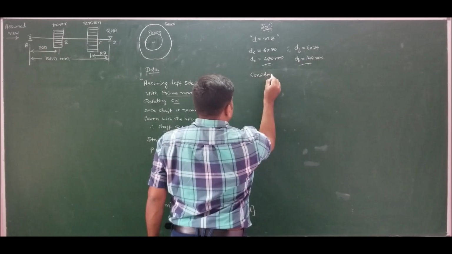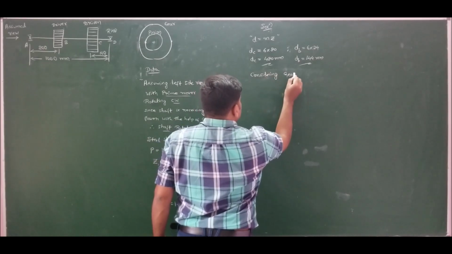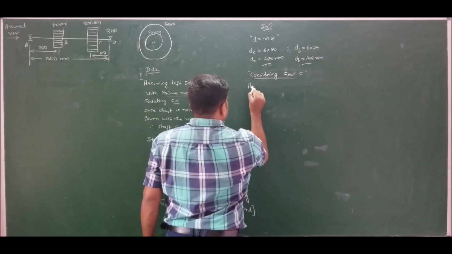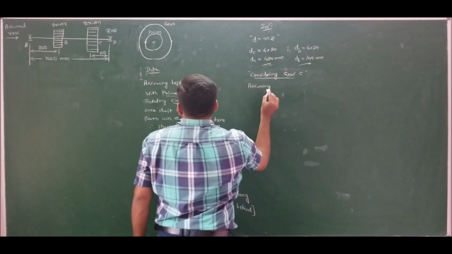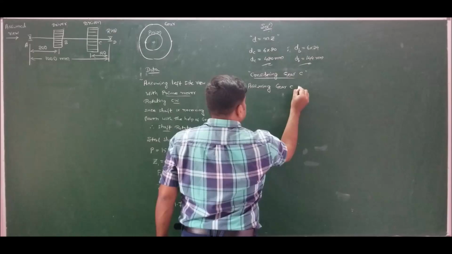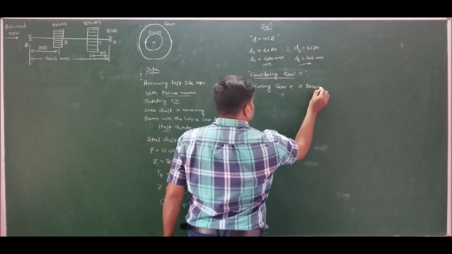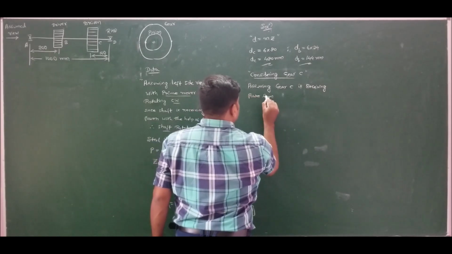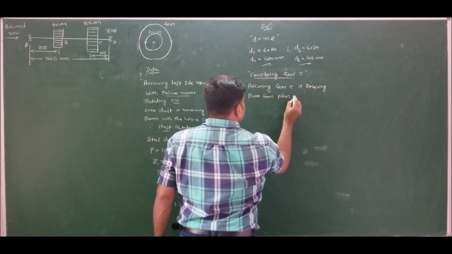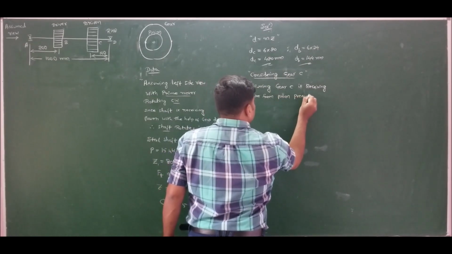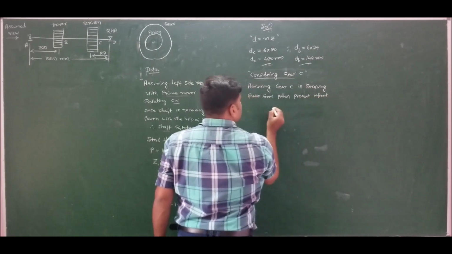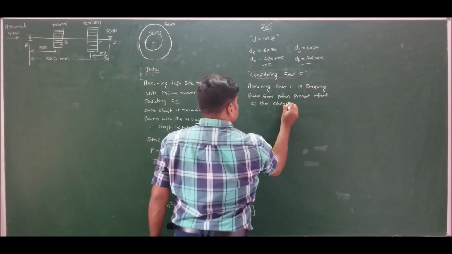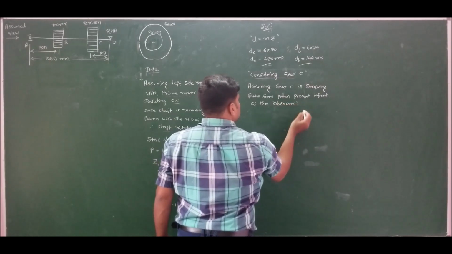considering gear C, assuming gear C is receiving power from a pinion present in front of the observer or in front of the gear.